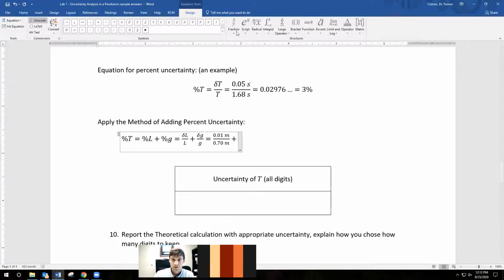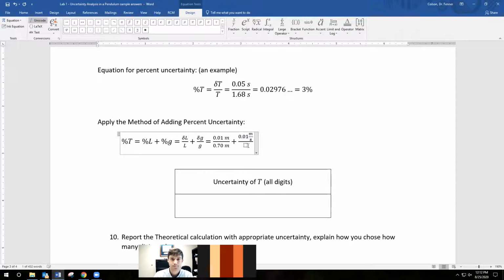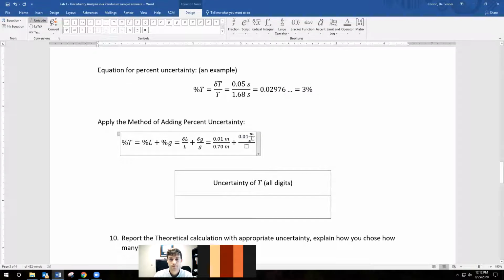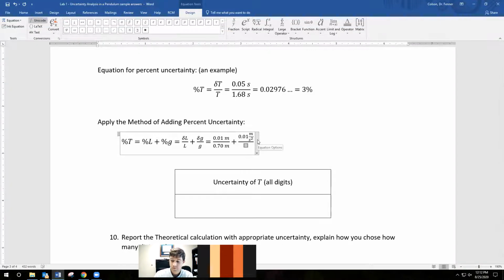And gravity also had an uncertainty of 0.01 meters per second squared, and the actual value was 9.81.